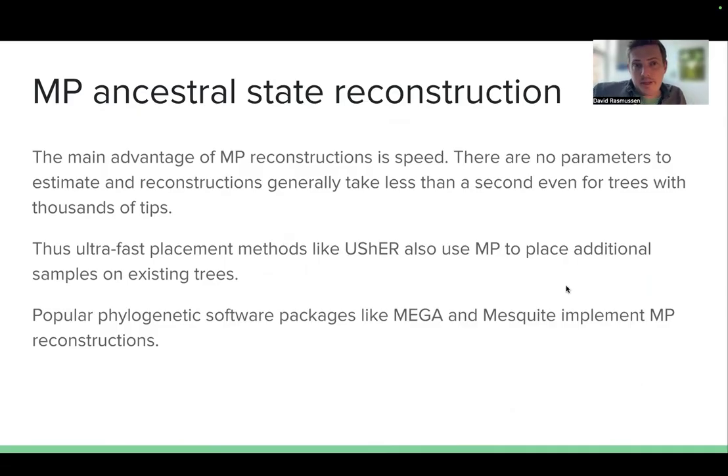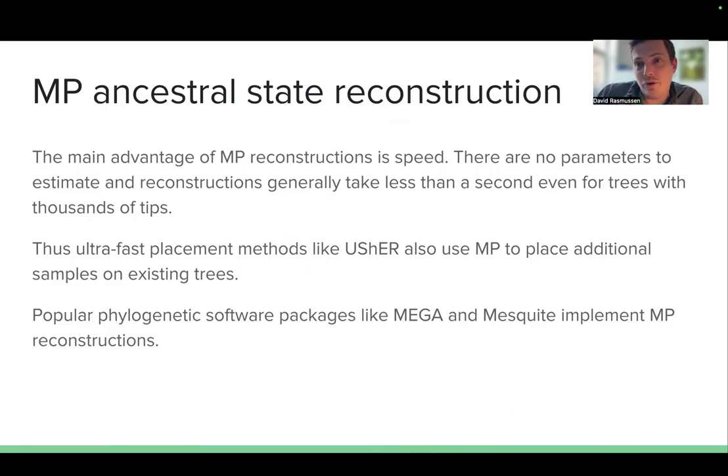So maximum parsimony methods are very simple, easy to understand, easy to implement, and very fast because they use this very efficient dynamic programming algorithm that I just described. And there are no other estimated parameters in the model. They're actually a parameter-free model, in that there are no rates or any other transition parameters or substitution model parameters that we have to estimate when we're using maximum parsimony.